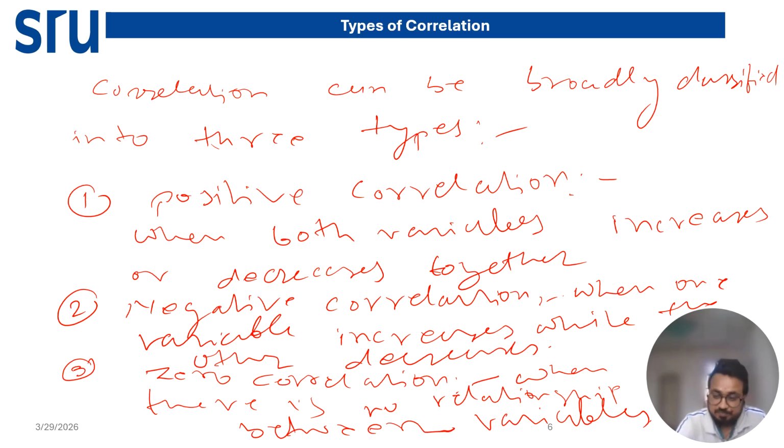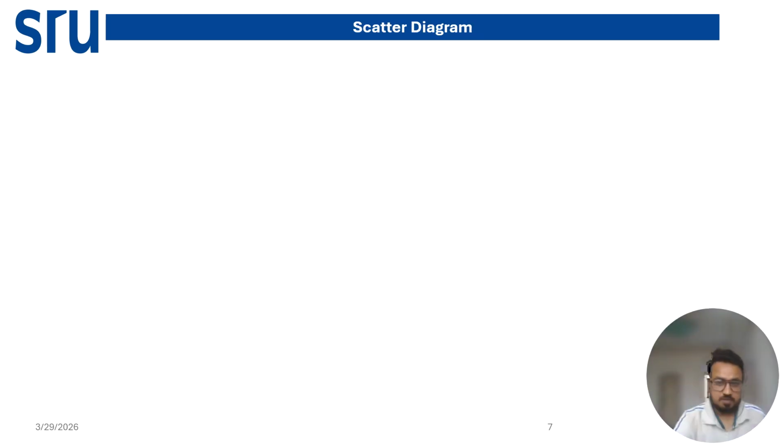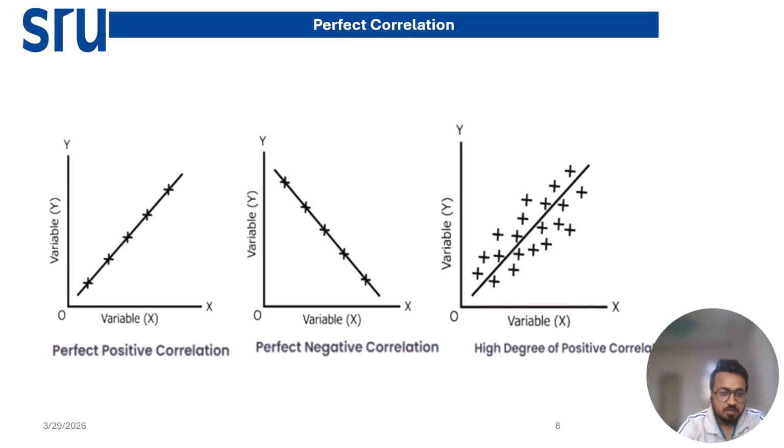So now we will discuss correlation in a geometrical way. One of the simplest ways of visualizing correlation is through the scatter diagram. So now we will discuss the scatter diagram. Here each pair of observations is plotted as a point on a graph.